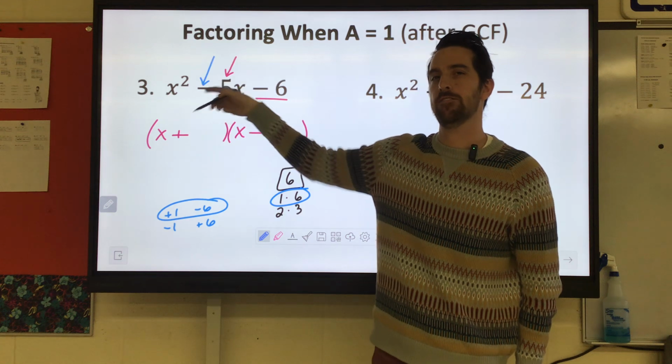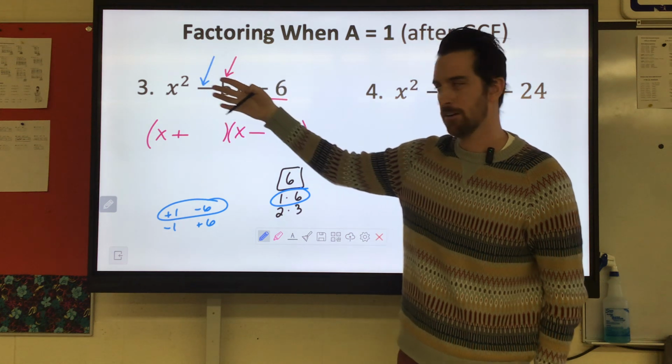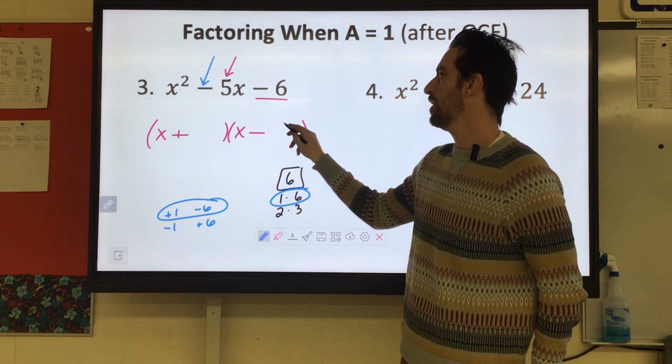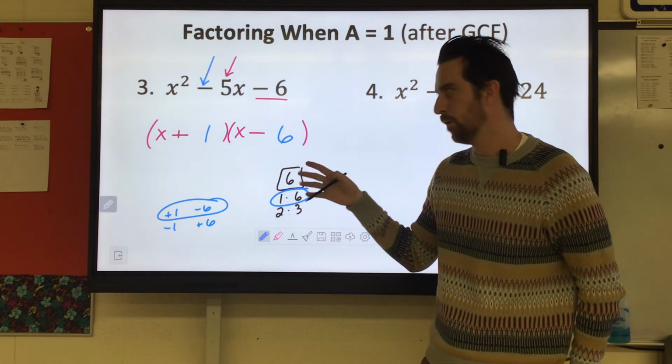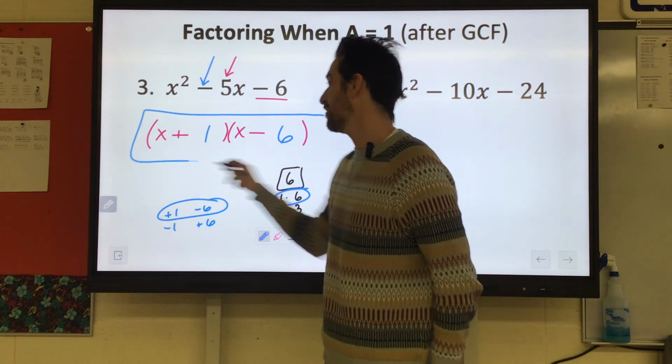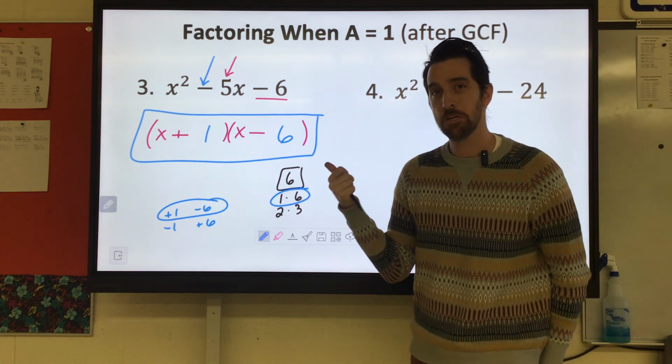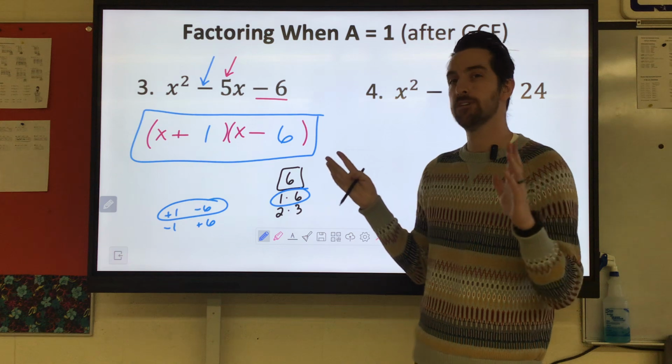The bigger number has to go in the minus spot. That's the only way they're going to add up to a negative. So it'd be minus my big number, 6, plus my small number, 1. And again, that one's tough because it looks a lot like the first one, but we use two completely different numbers.